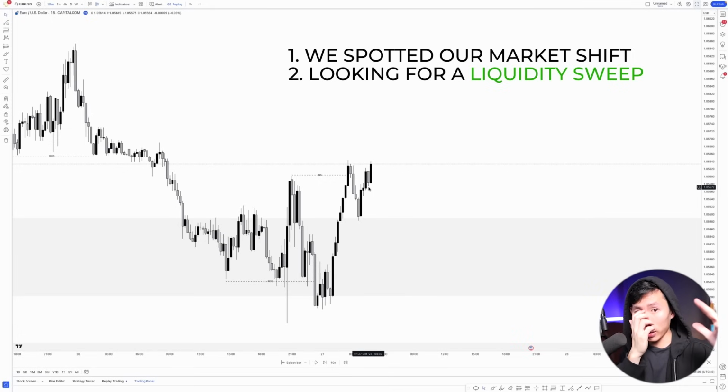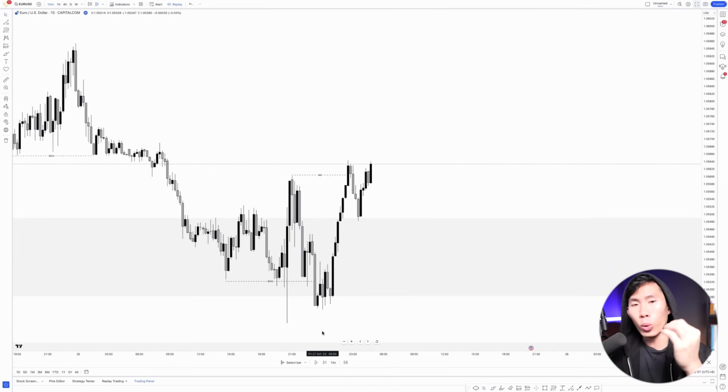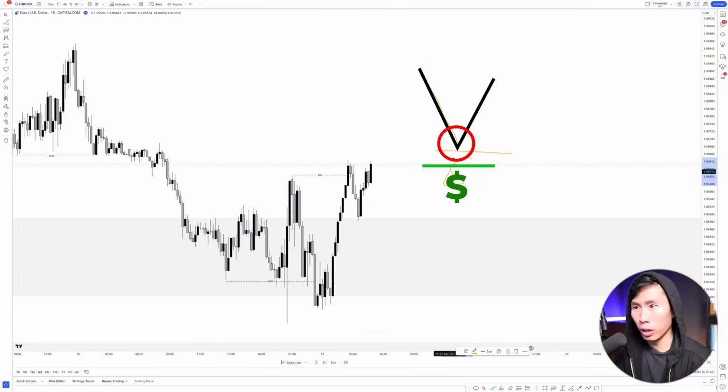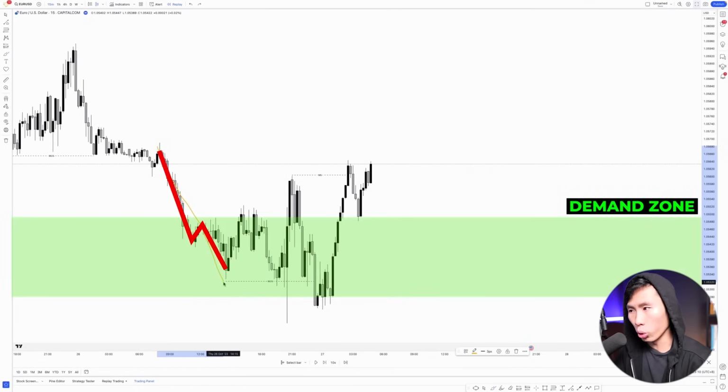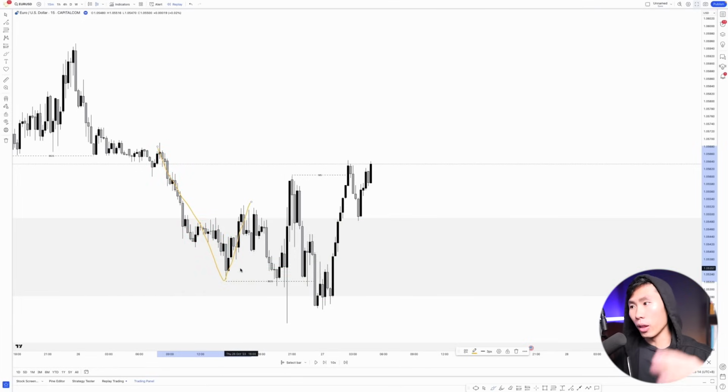The second criteria is that we want to look for some form of liquidity to be swept. And once again, you want to ask yourself, where is the available liquidity? And remember, I said that below every swing low, there is going to be available liquidity, right? So based on this, we know that over here, where price came down into this demand zone and started reversing, this is when most retail traders will start entering for a buy position because they see price tapping into the demand zone.